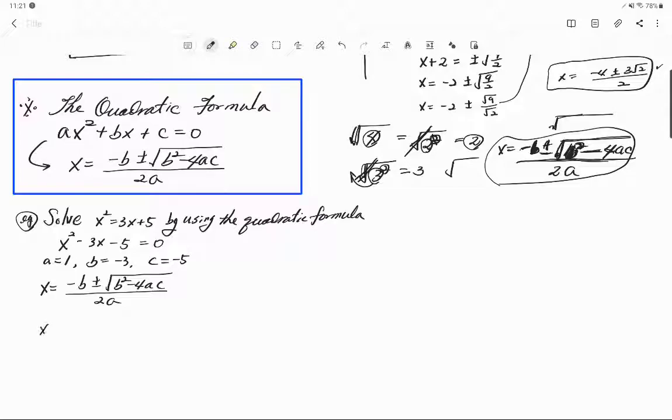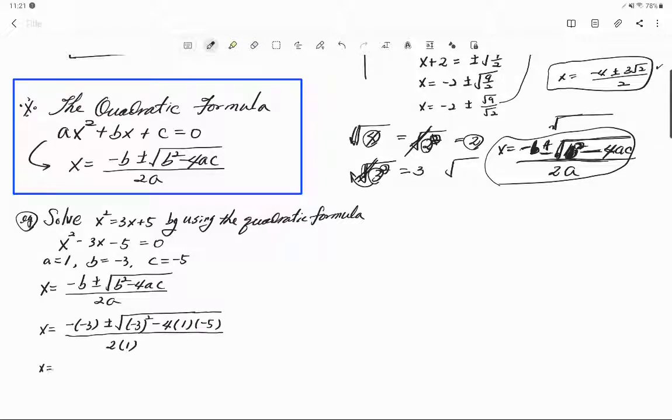From this, let's replace all these a, b, c with their values. So b is negative 3. So negative times negative 3 plus or minus square root of negative 3, put parentheses, squared minus 4 times a is 1, c equals negative 5, over 2a, 2 times 1.